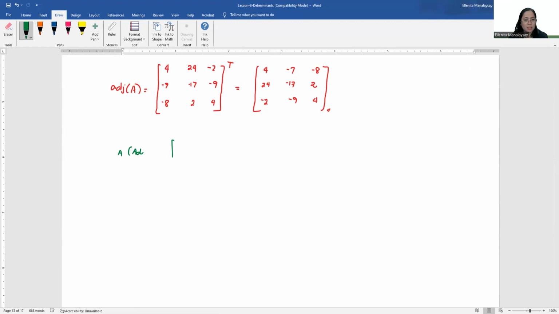A times the adjoint of A is equal to, our A is a matrix whose entries are 1, -2, 3, 2, 0, 4, and 5, -1, -2.